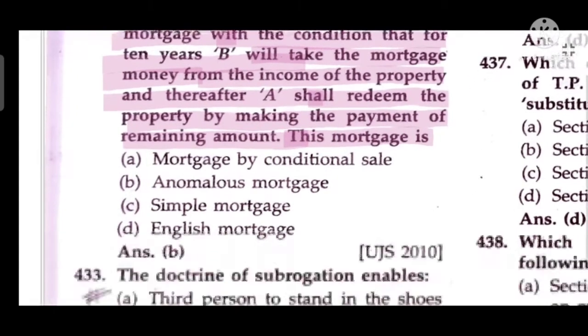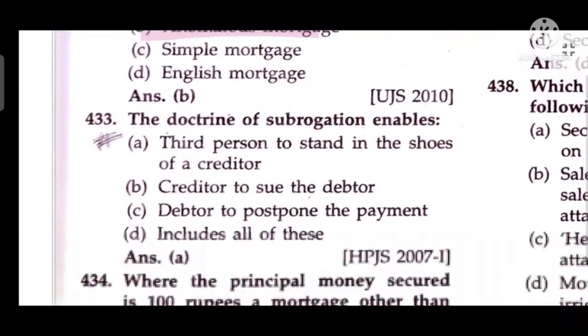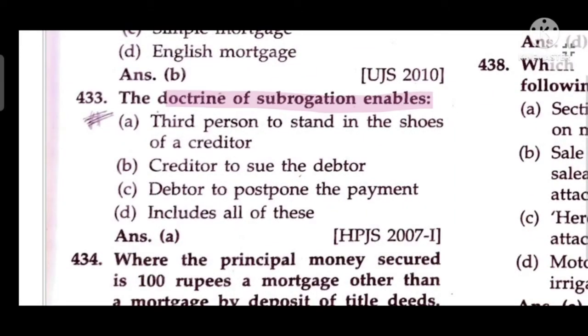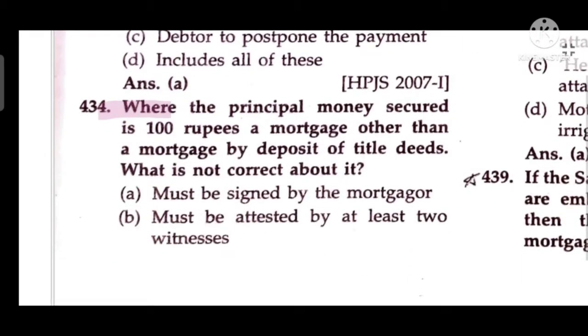The mortgage is an anomalous mortgage. The doctrine of subrogation enables a third person to stand in the shoes of the creditor, where the principal money secured is ₹100 and the mortgage other than the mortgagee by deposit of title deed.